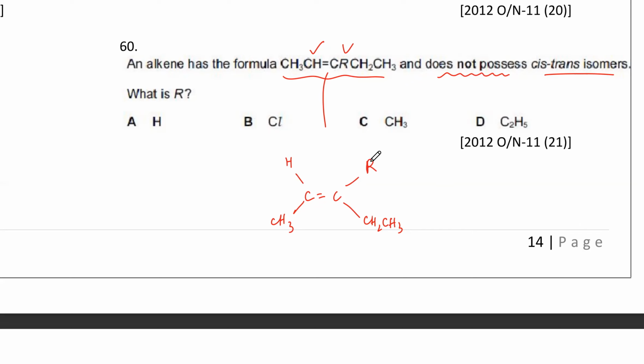The two sides must be different on both sides, right? Since it should not form cis-trans, the two sides must be the same. So R must be the same as the bottom one. Even if you flip it around, it should be the same structure. So the answer is going to be D. It's going to be C2H5. R must be CH2CH3. Aisha, clear? Yes, sir.